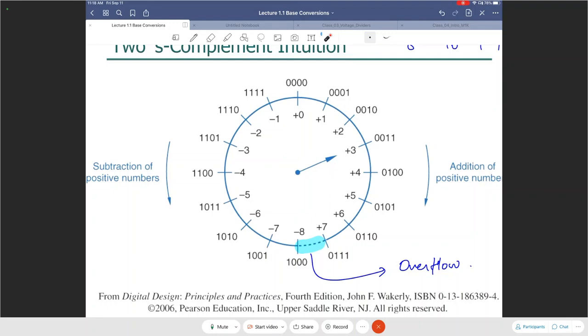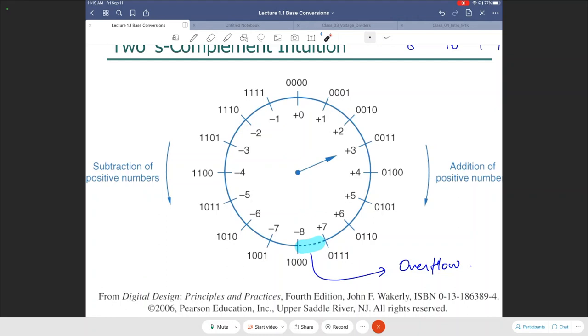So if you are adding numbers, for example, 5 plus 2, you move clockwise. And you may end up in overflow region if you cross over plus 7 for the answer. If you are doing subtraction of positive numbers, then you are moving counterclockwise. 5 minus 2, you're moving back.